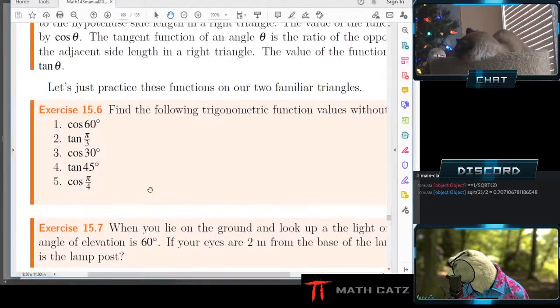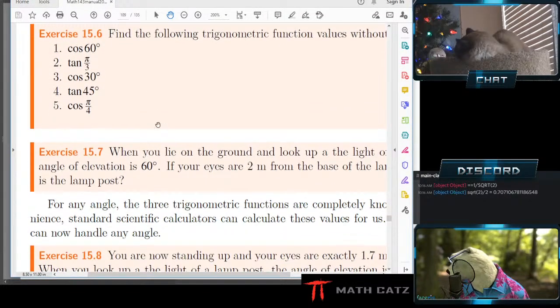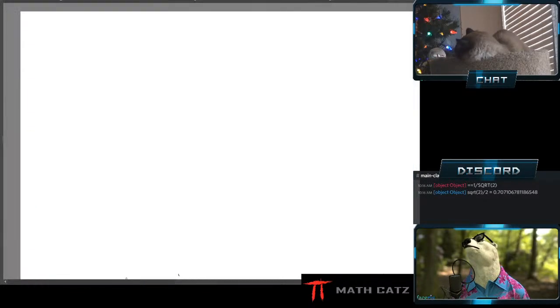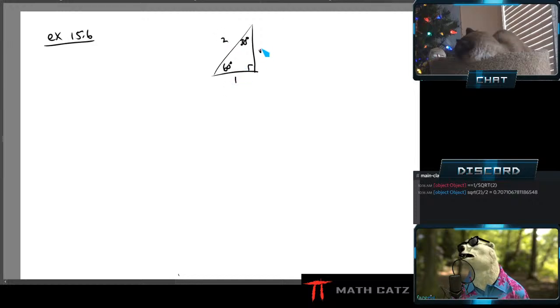So I guess we do have it over here in exercise 15.6. And for that, I need my triangles, right? I just do a rough drawing of the 60-degree, 30-degree triangle, 2, 1, root 3. And my 45-degree triangle, 1, 1, root 2.